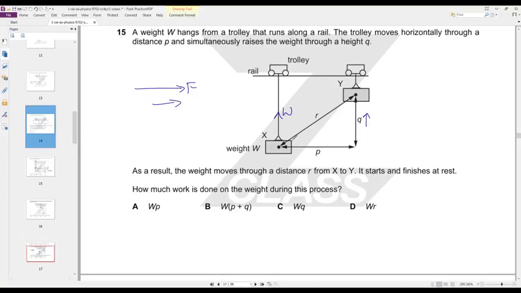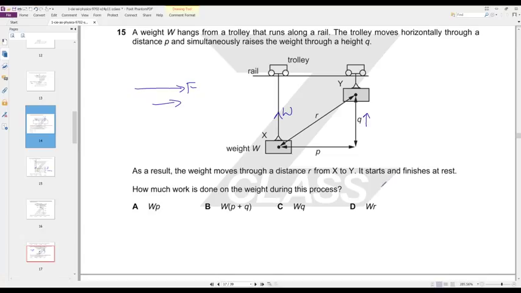Horizontally, there is, in theory, no force, in sort of inverted commas, acting. It's worth making the point that there does actually have to be a force, otherwise it would never move, but we're neglecting it in this case because it would actually be sort of work done against air resistance or something slightly odd like that. So we're going to ignore it. The important point is, work done is the force times the distance moved in the direction of the force. That's what this question is really all about.